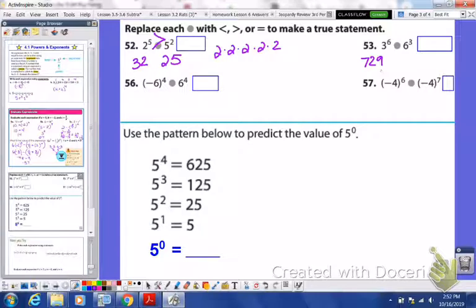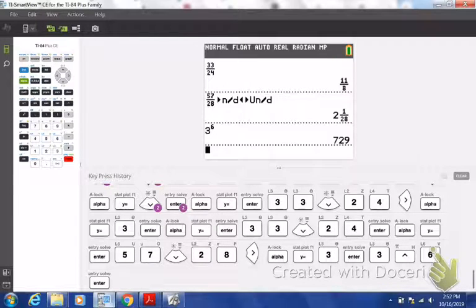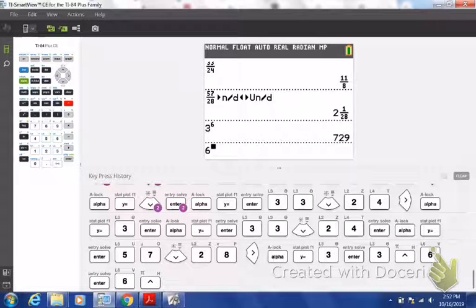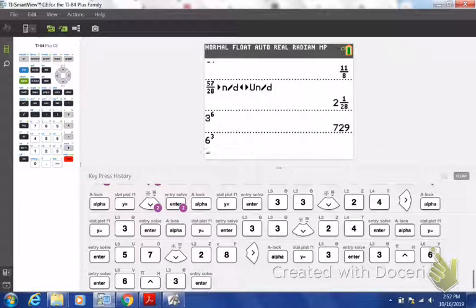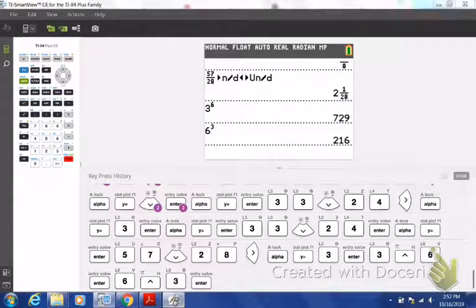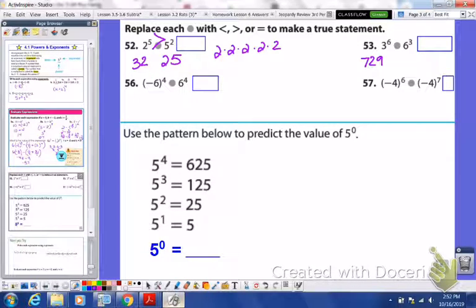Compared to 6 to the 3rd, again, just a little bit of practice. So our 6, our caret key with a 3 is 216. So notice, even though they are the same numbers, not the same order, so they're not equal. Got another greater than.